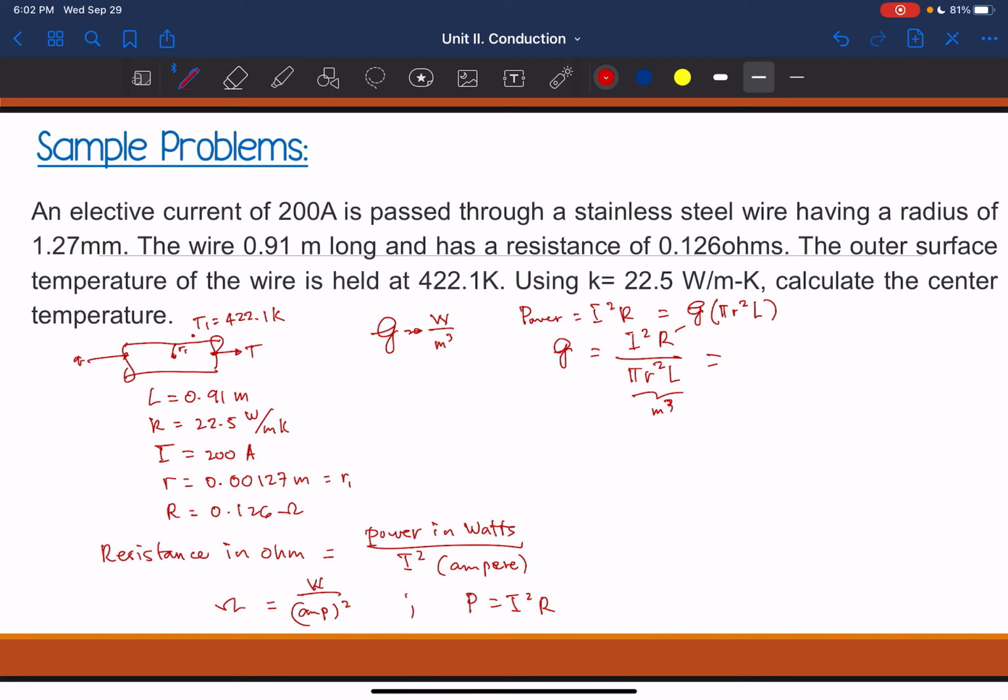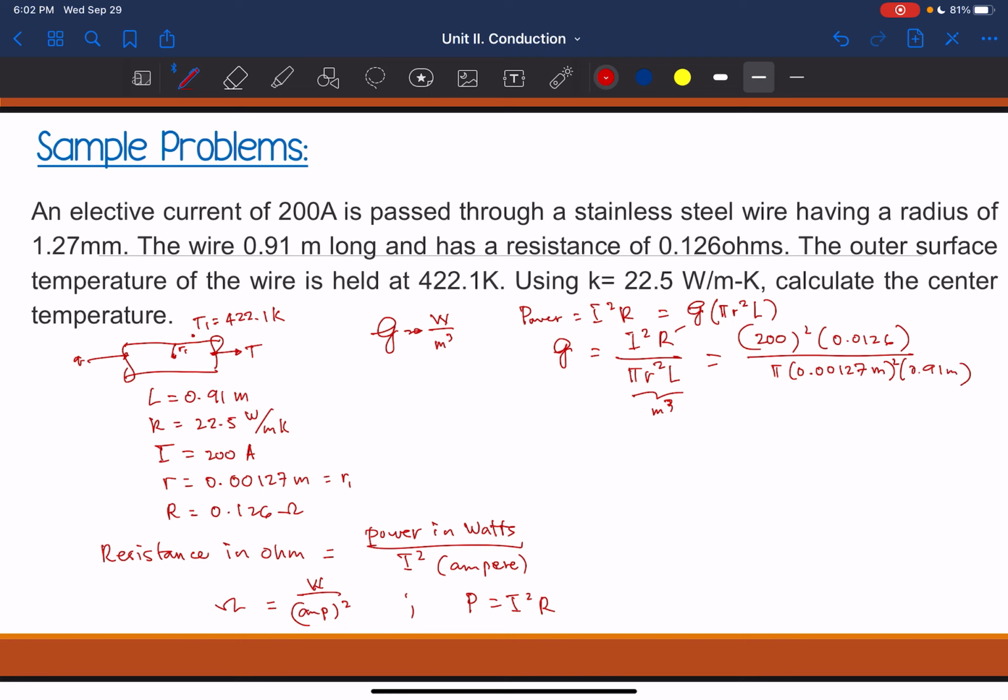Okay? So this is 200 amperes squared times the resistance in ohm of 0.126, which gives you ohm times ampere squared, equivalent to watts, divided by pi times the radius of 0.00127 meters squared, pi R squared in meter squared, times the length of 0.91 meters.